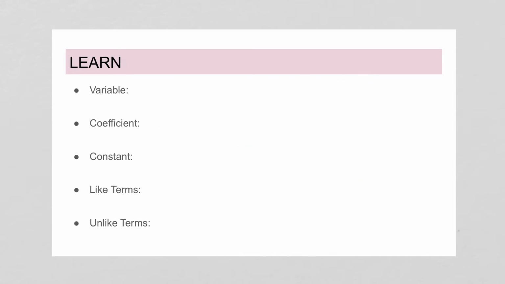Now let's talk about some things that we might not be as confident in, but we've probably heard a lot of these before. So a variable, what its job is, it represents an unknown value. Often we will see this as the letter X or Y or really any other letter. It can be any symbol actually, but it represents something we don't know yet.